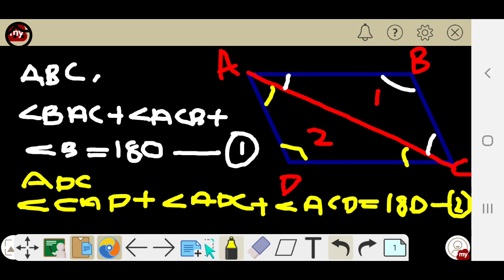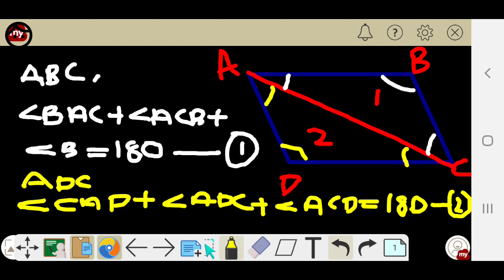Now we got two equations. First one is angle BAC plus angle ACB plus angle B equal to 180, that is for the first triangle ABC. Then for the second triangle ADC, angle CAD plus angle ADC plus angle ACD equal to 180. Okay.